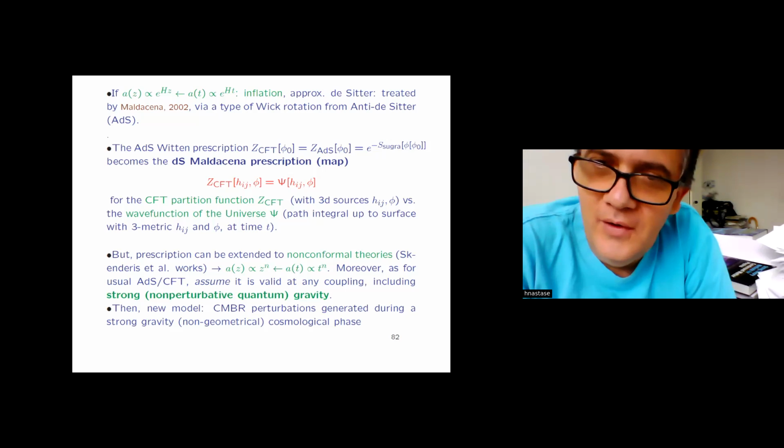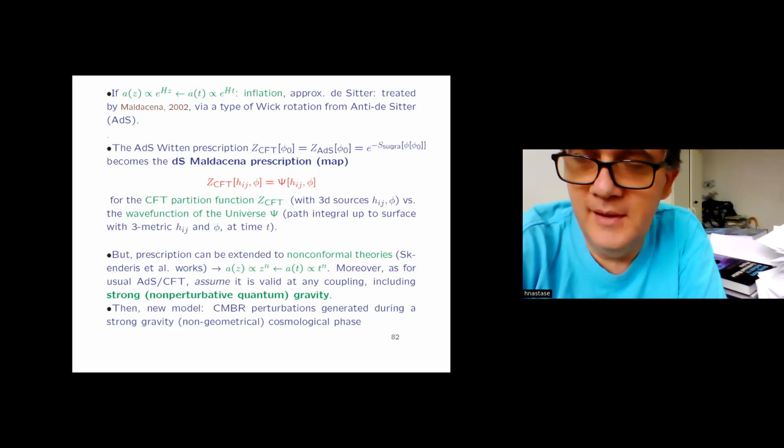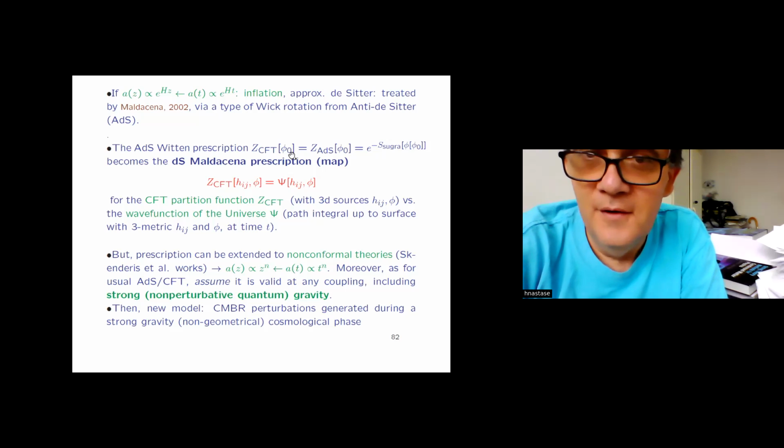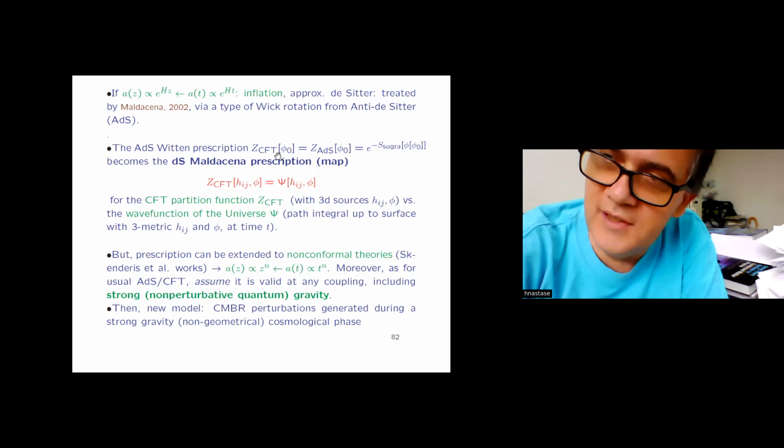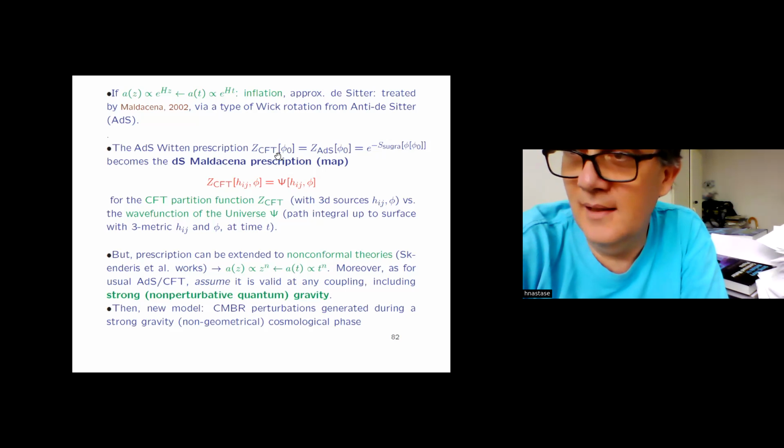No. So remember, it gets confusing because you have to think of the generalization of this Witten prescription for AdS. What happens here in AdS? Phi 0 is a source for a current, right? An operator, but let's think of it as a current.